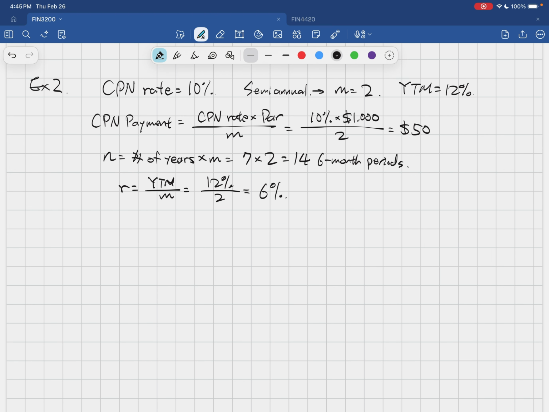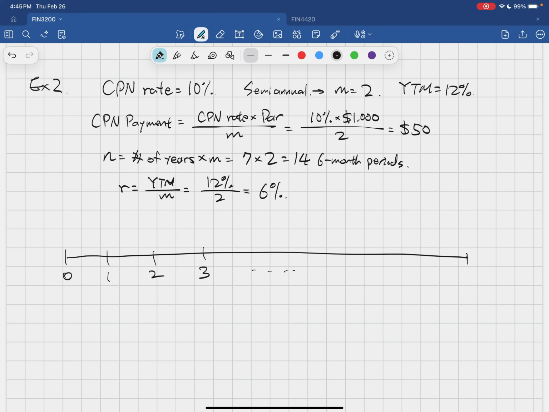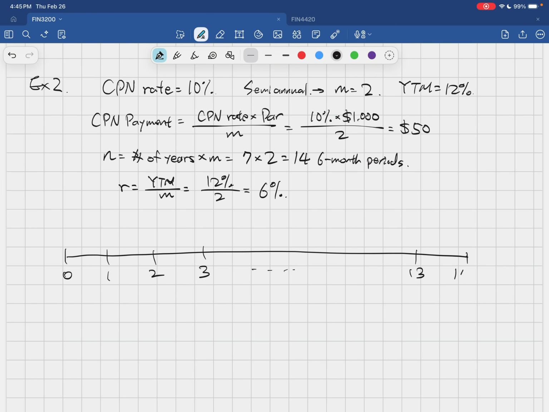So if we represent this on a timeline, it would look something like this. So even though it's a 7-year bond, we want to do the calculation in 6-month periods. So it'll go up to 14 periods. Okay?